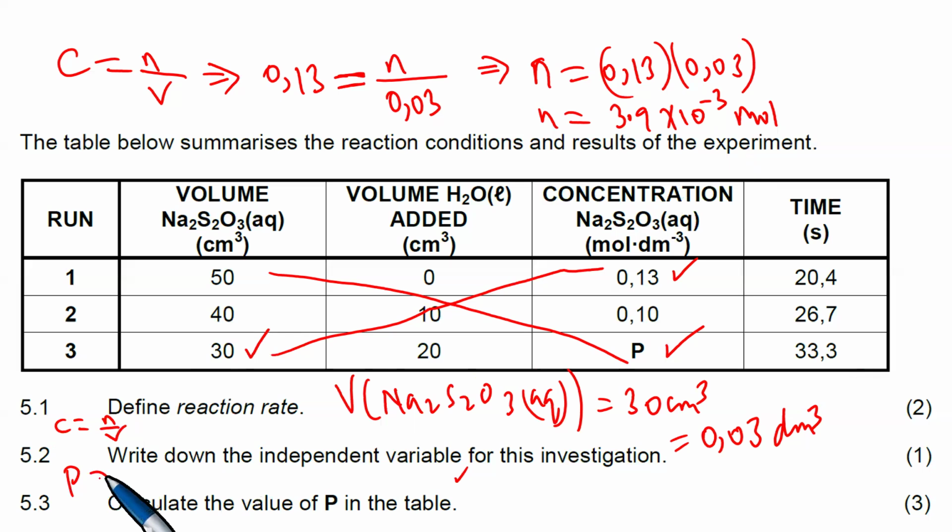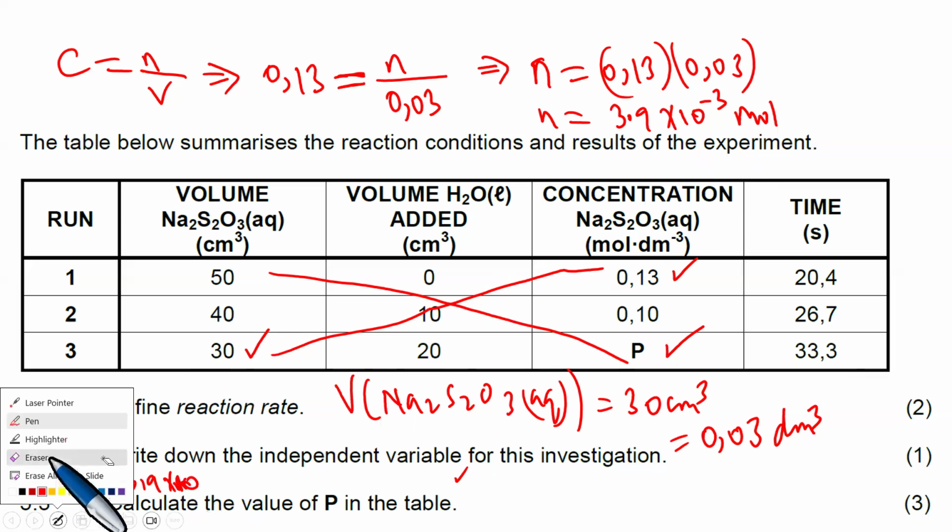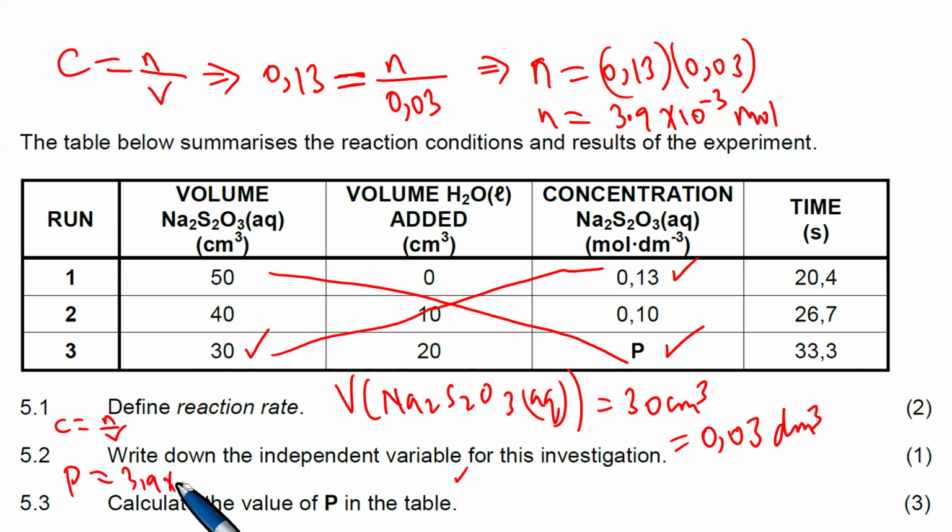So P equals the number of moles, which we've already got, 3.9 times 10 to the minus 3, divided by the volume.